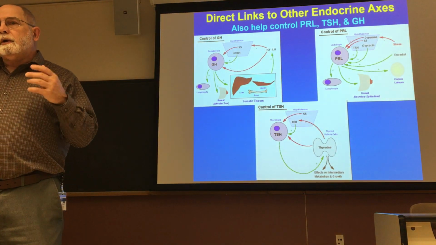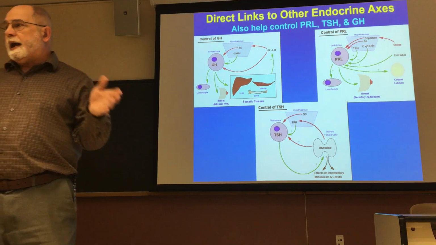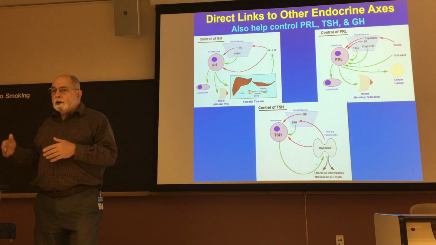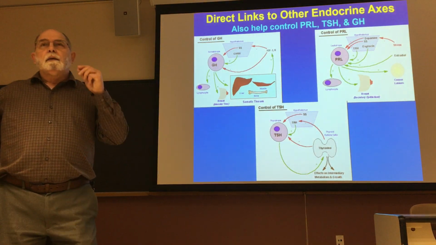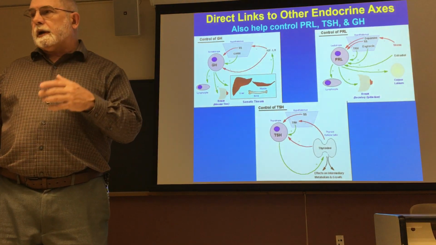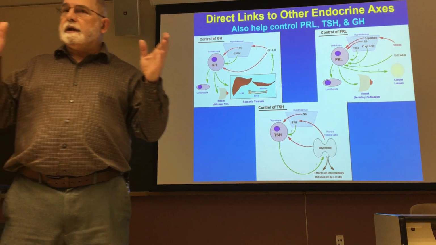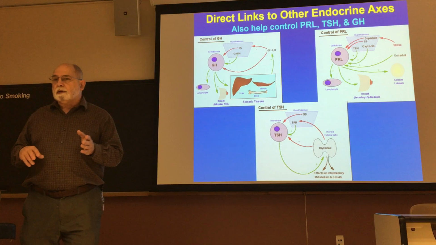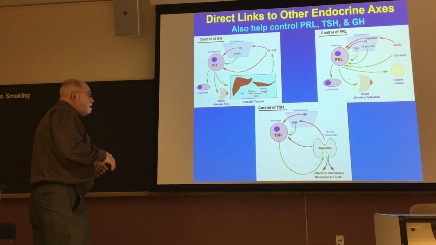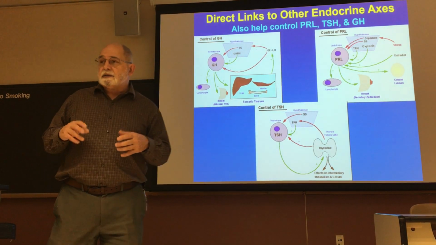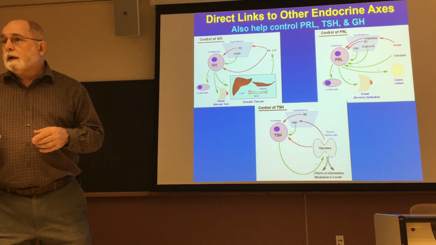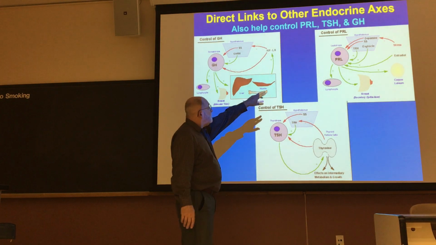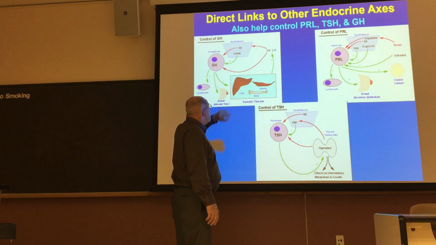So women who have been pregnant actually have more lactotropes at the end of pregnancy than they had at the beginning. Women who have been on long-term steroidal contraceptives have an increase in the number of lactotropes present after that treatment than they had at the beginning.